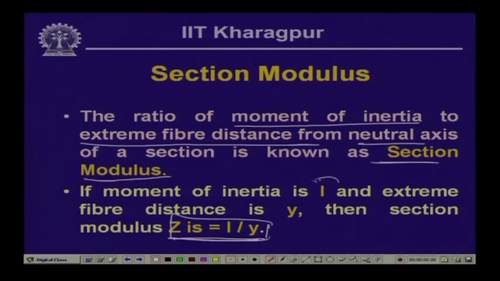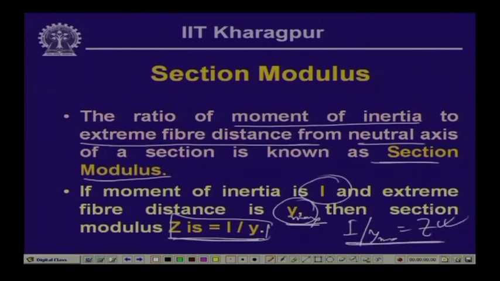So, if I is the moment of inertia and y, let us call it y max, is the extreme distance from the neutral axis of the outer fiber, then I by y max equals z, the section modulus of a particular section, which we decide from the bending moment and the stress.